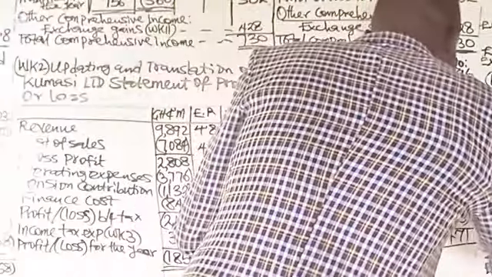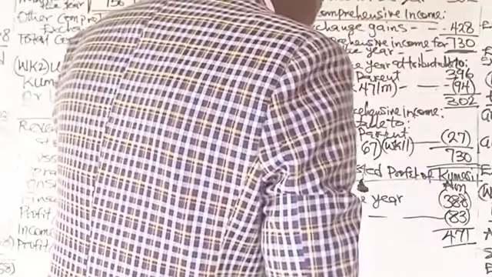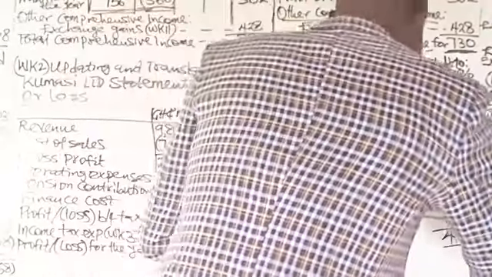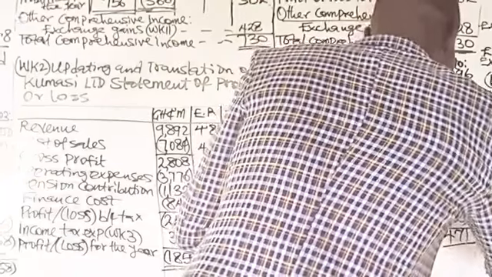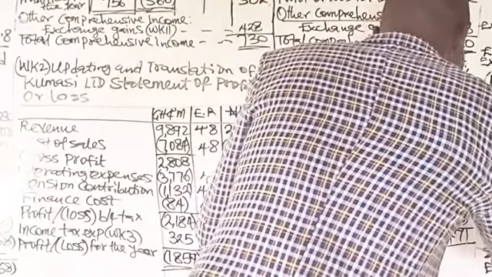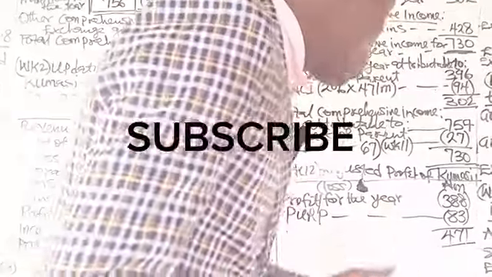The total comprehensive income attributable to NCI is 27 million negative. So add it to 730, so we have 757 million positive. So the total comprehensive income attributable to the owners of the parent is 757 million. So this marks the end of the solution to the question.